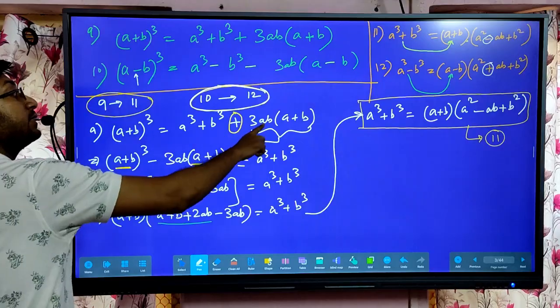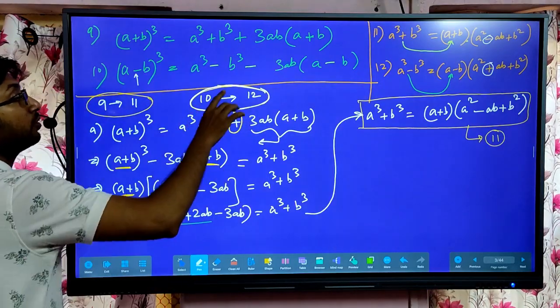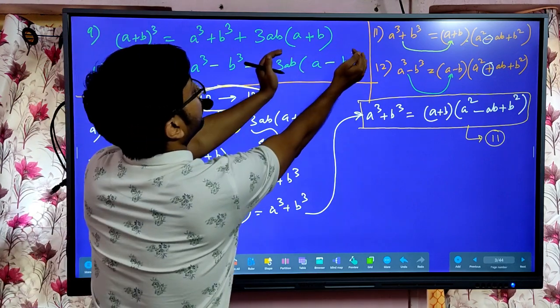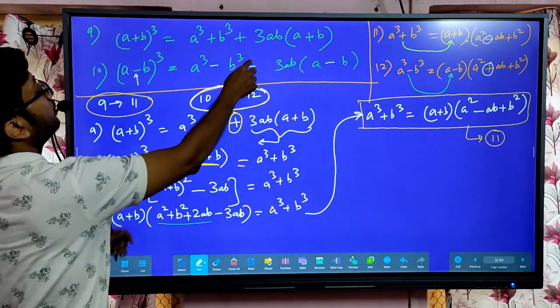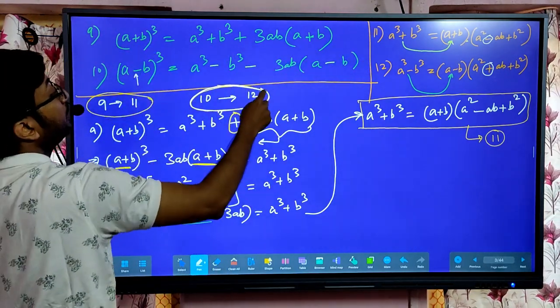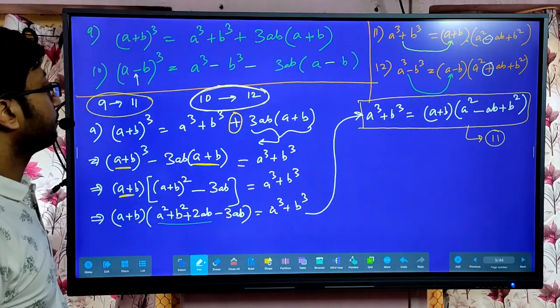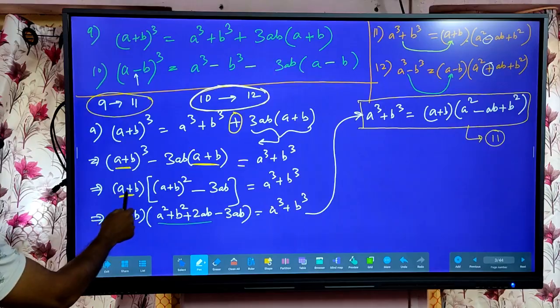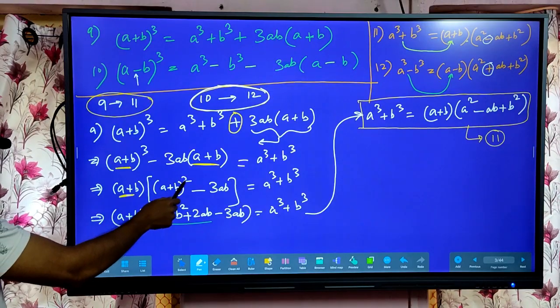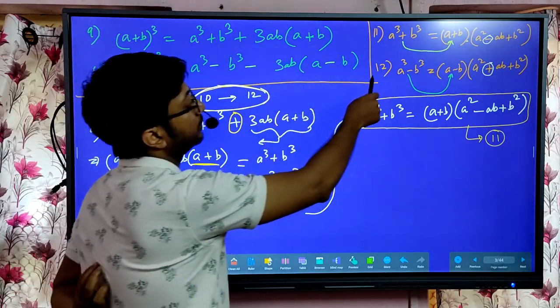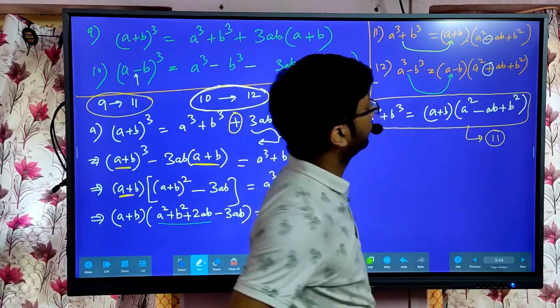As a whole block it will be shifted to the left side. This minus will become plus 3AB into A minus B. Then you will again take A minus B common. It will be A minus B whole square plus 3AB. You will expand, and you will get formula number 12.